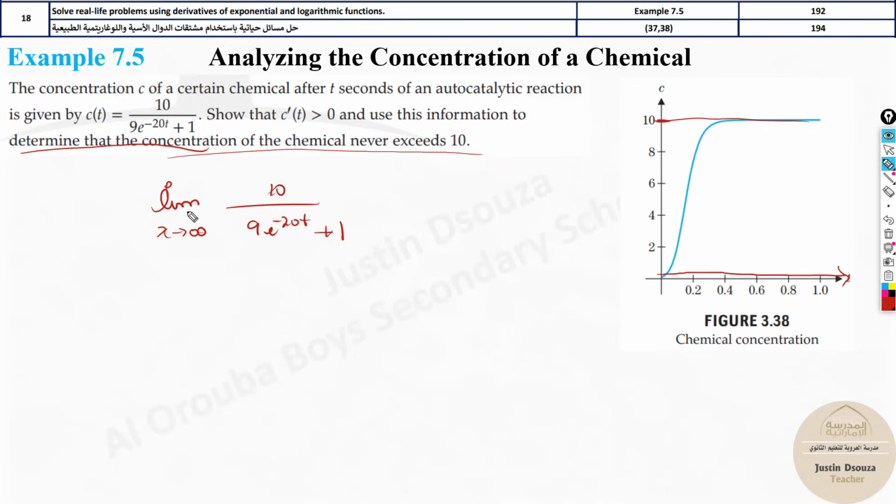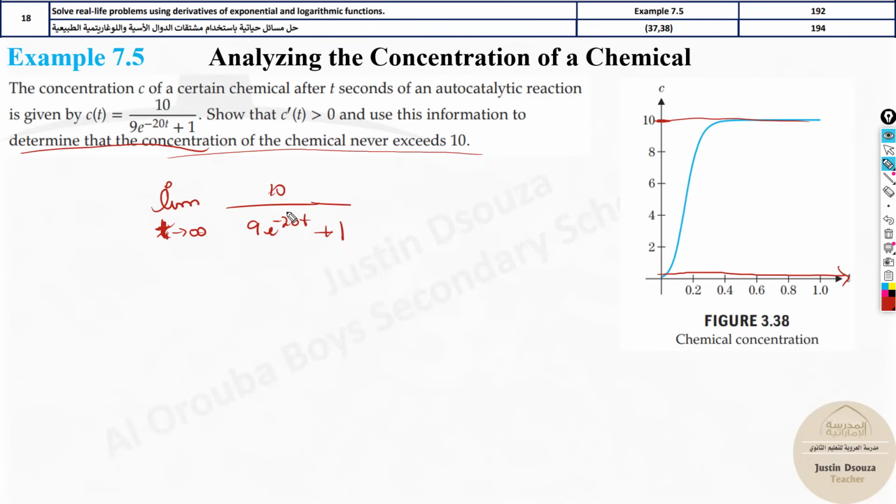I'll write the same part here, and then I will solve it. And then I will start writing this. We will take the limit as x tends to infinity. X is basically the time here. You can take it as t because it's given as t, so t is towards infinity, not x. It's the same thing; you can keep x or change it to t, showing it's time.